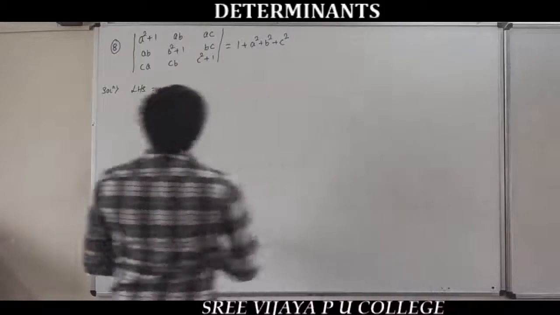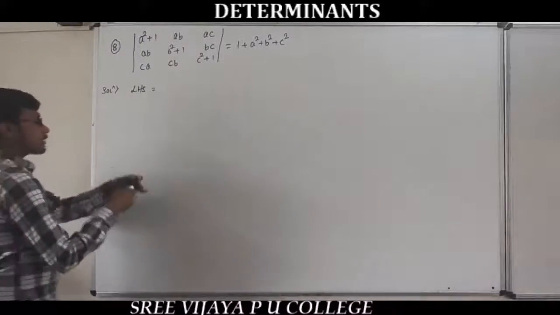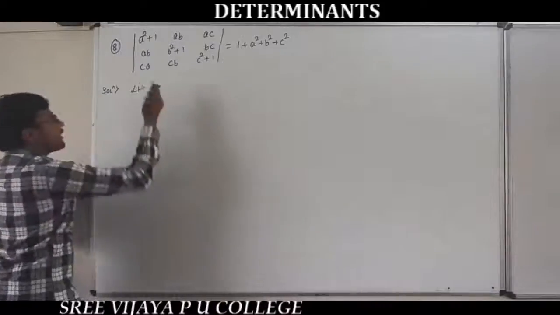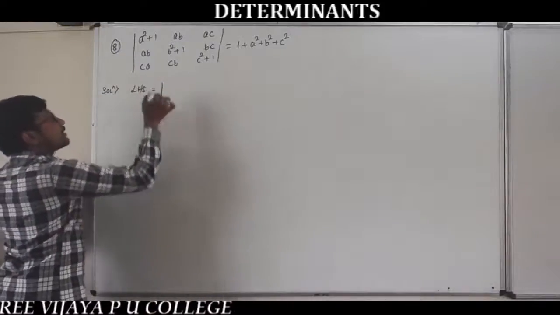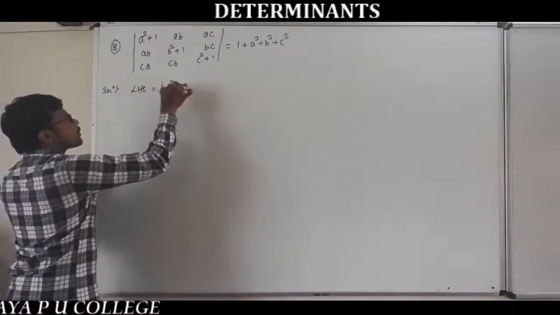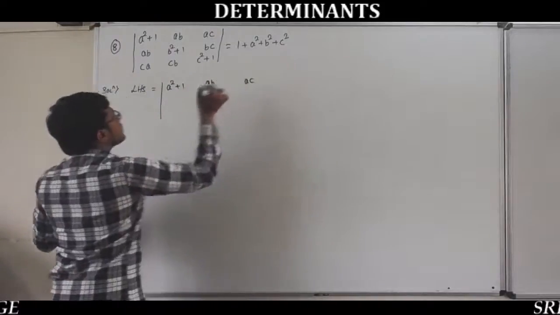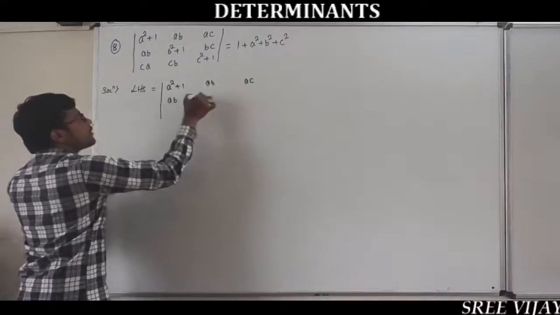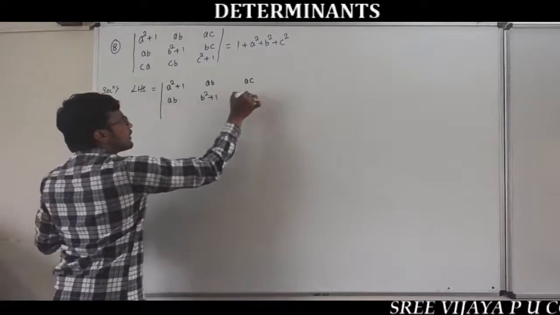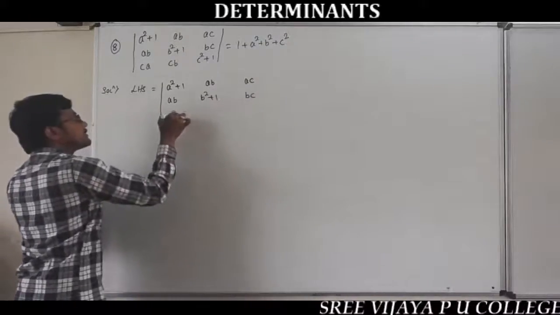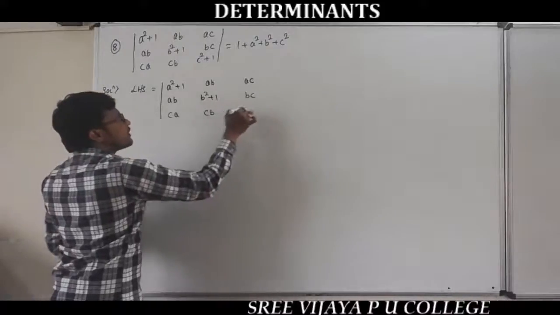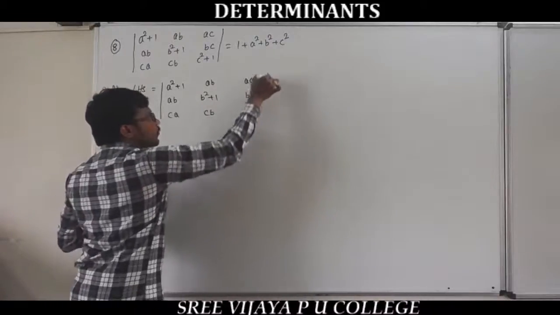So okay, next one. First write the LHS, afterwards we see which elementary operation we can apply. So LHS equals the determinant of a square plus 1, AB, AC; AB, B square plus 1, BC; CA, CB, C square plus 1.